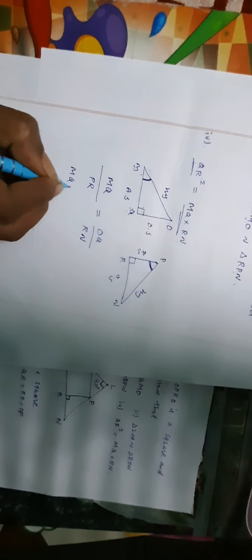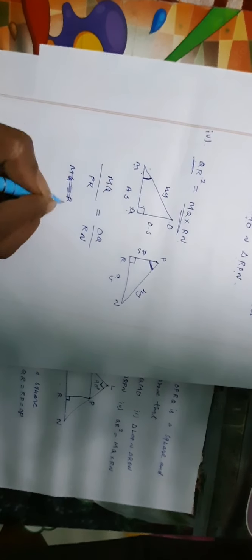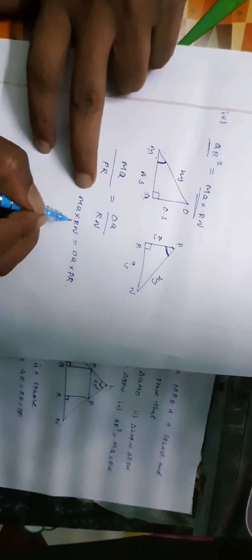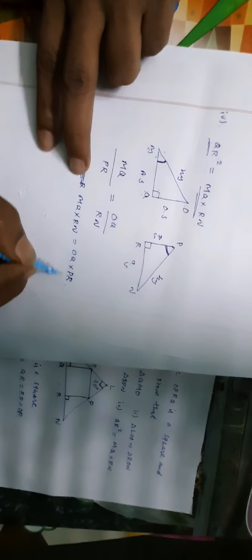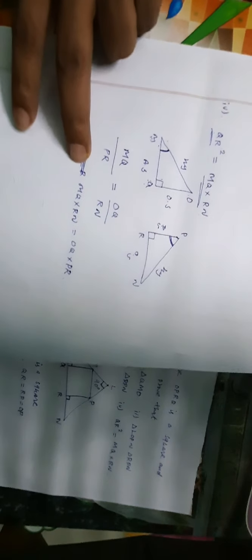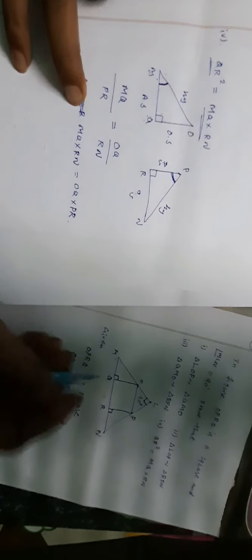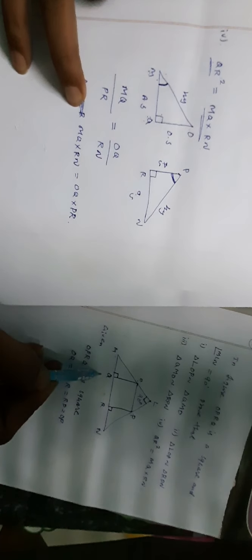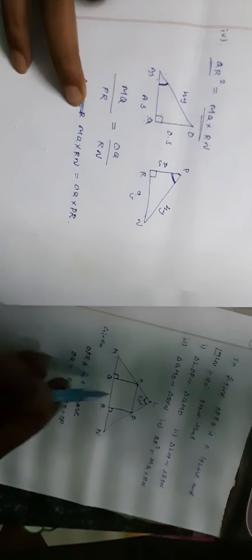So now we can take cross multiplication. We can get MQ into RN equal to OQ into PR. Right? So MQ into RN equal to OQ into PR we can get. Given, OPRQ is a square.